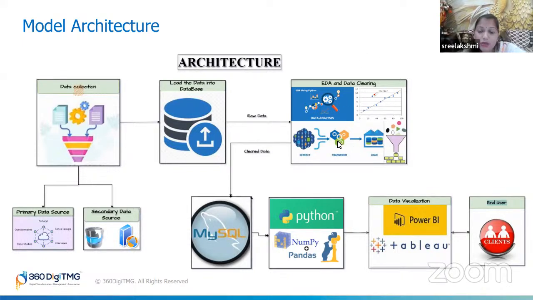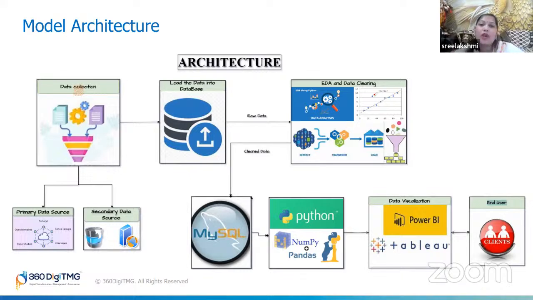We also call it data pre-processing. When we are extracting the data, we have three steps: extract the data, transform the data, and load the data. When extracting, we collect the data from different sources. After that, we transform the data.